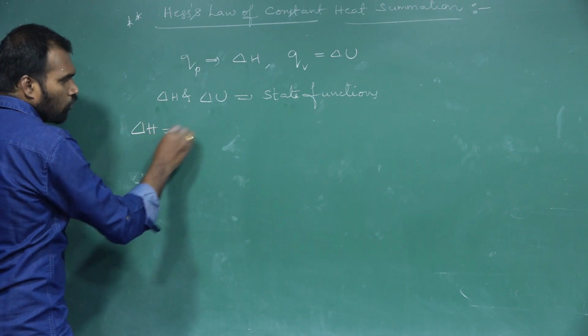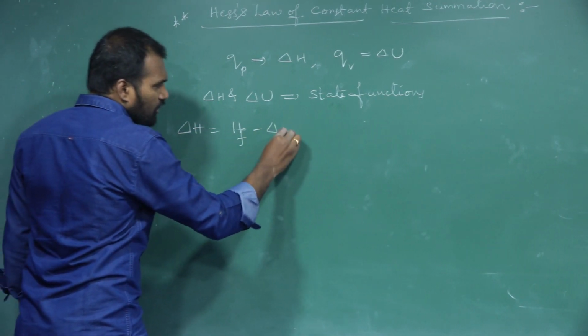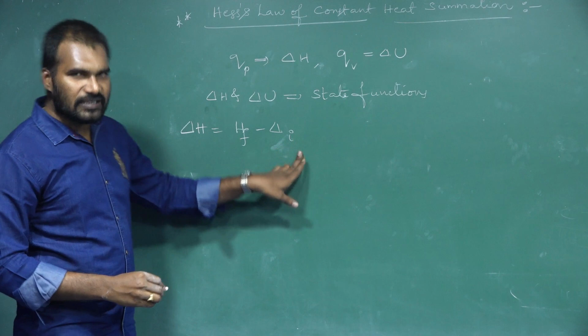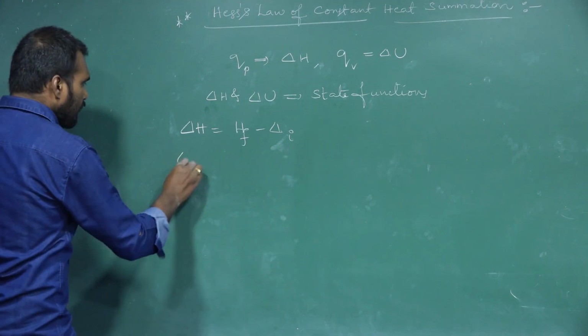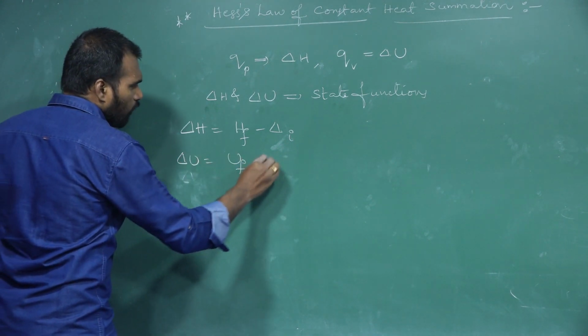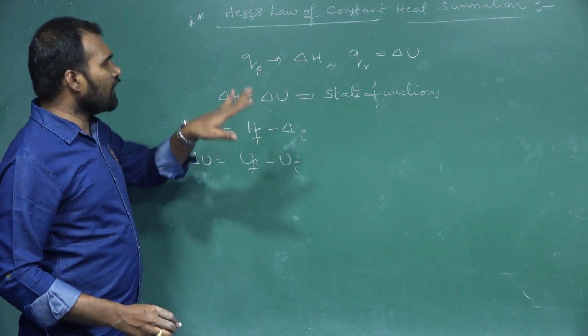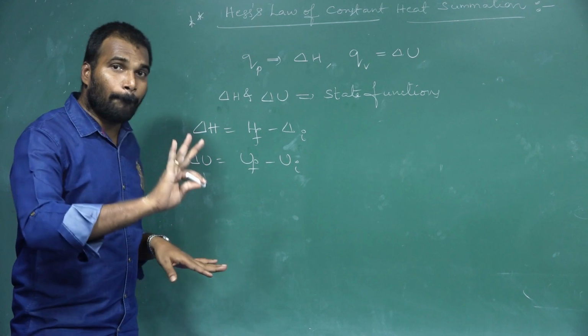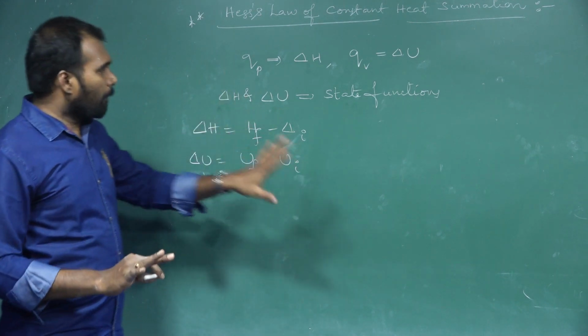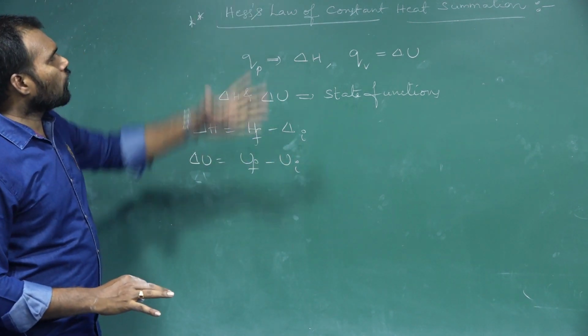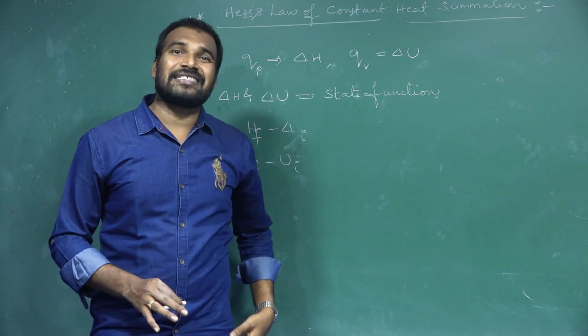Del H is equal to H final minus H initial, final enthalpy minus initial enthalpy. Del U is nothing but U final minus U initial. They depend only on initial and final states, not the path. So based upon this concept, they introduced one law, that is Hess's law.